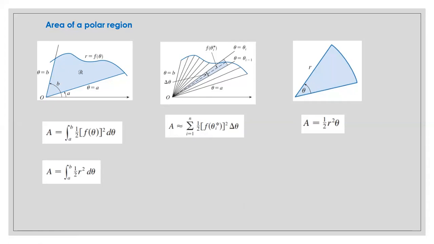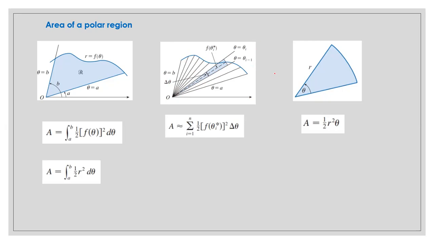The basic approach is very similar to what we did with Riemann sums. You divide this area into many small triangles. So how do I approximate these blue triangles here?